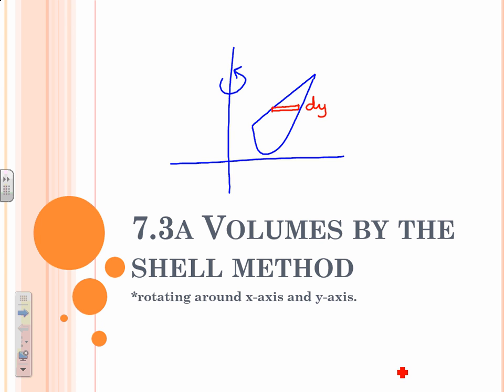Now, what becomes the issue with using these horizontal rectangles to write our integral? We would have to break it up into two integrals, wouldn't we? Because the function on the right is the same, but the function on the left changes right there.